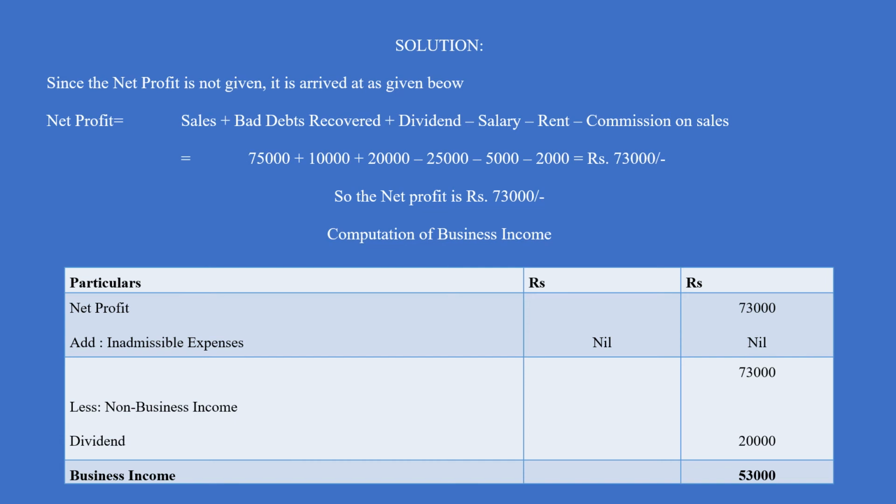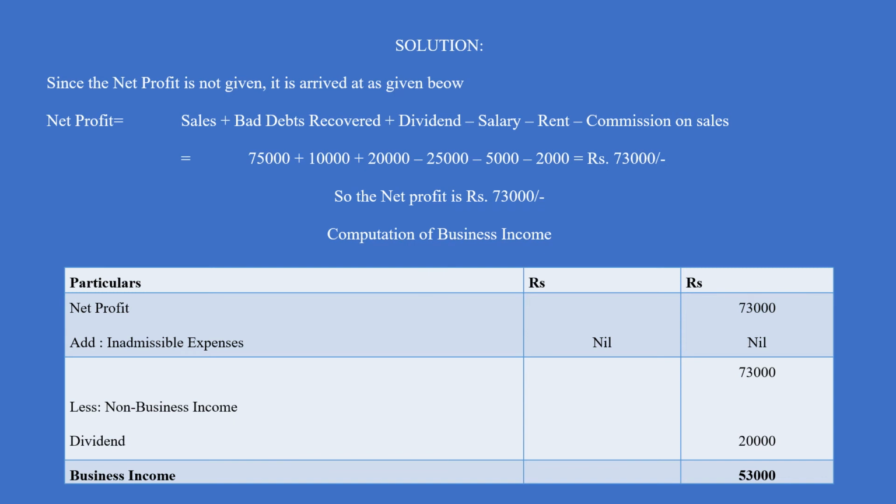You add that, and from the income, you minus all the expenses. What are the expenses? Salary, rent, commission on sale paid. So if you minus all this, you will get the net profit. So 75,000 sales, bad debts 10,000, dividend 20,000, minus 25,000 salary, 5,000 rent, 2,000 commission on sale. So you're getting 73,000 as net profit.